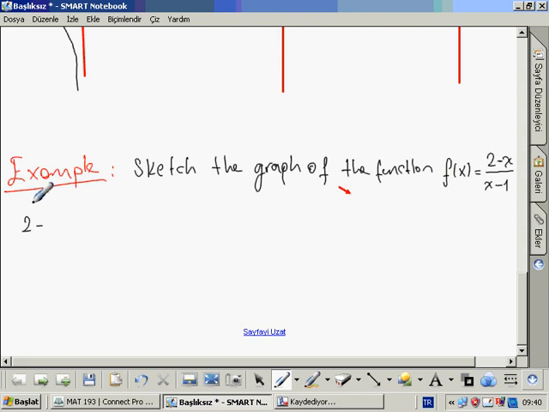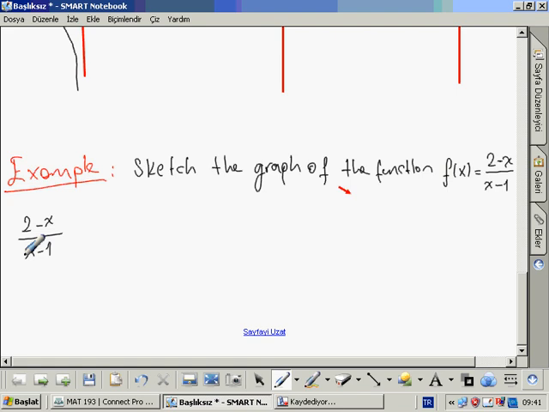recalculate or reorganize this function by adding some values or subtracting some values, and we will see a simple form of this function.